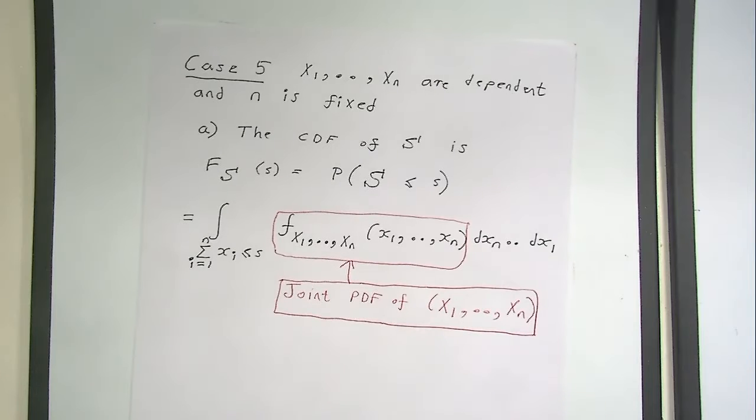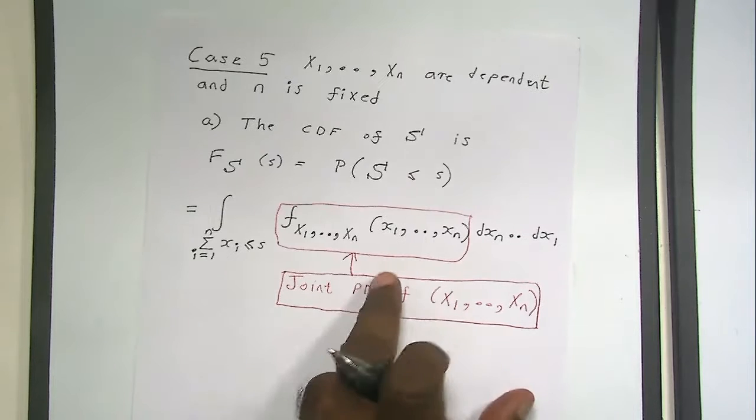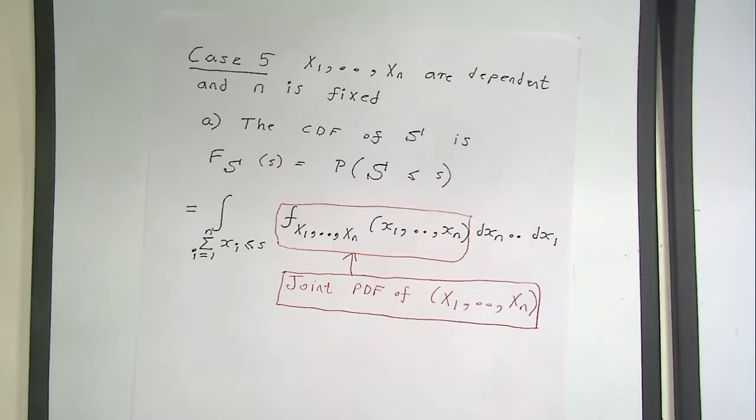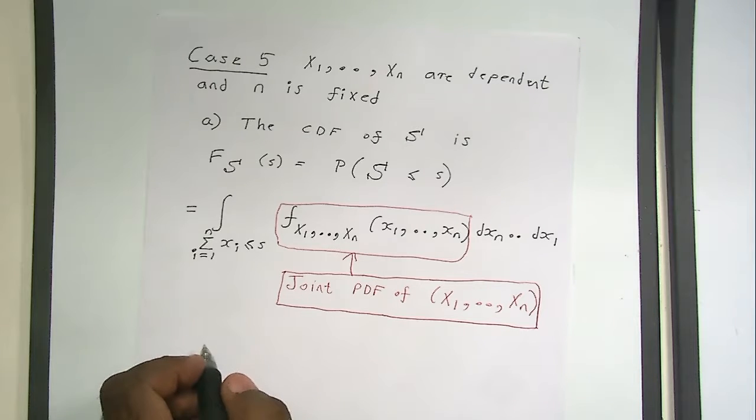So the formula for the CDF of S is the integral of the joint PDF, because the variables are no longer independent, so they are all dependent. So what you have to integrate is the joint PDF of x1 to xn over this region here, right?